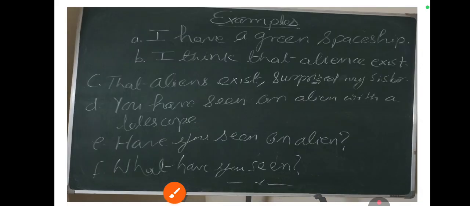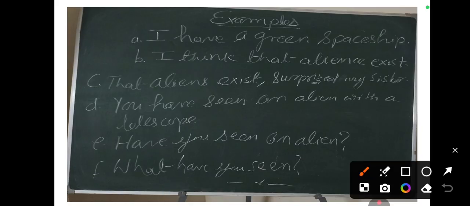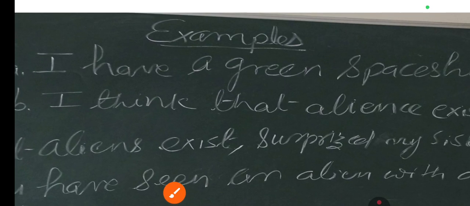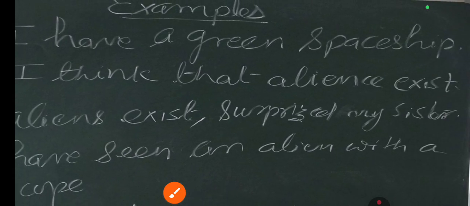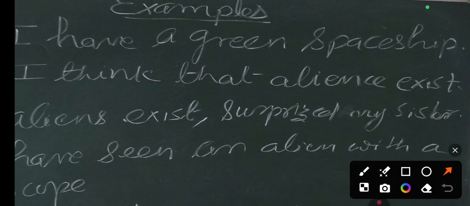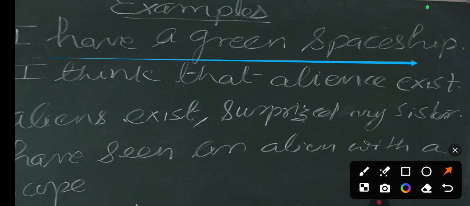So let us see in the first diagram. These are the examples we have taken as a sample. Number one, I have a green spaceship, right? I have a green spaceship.